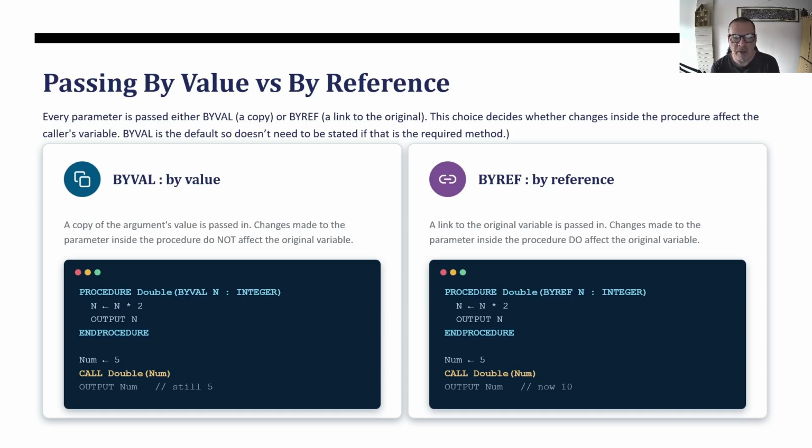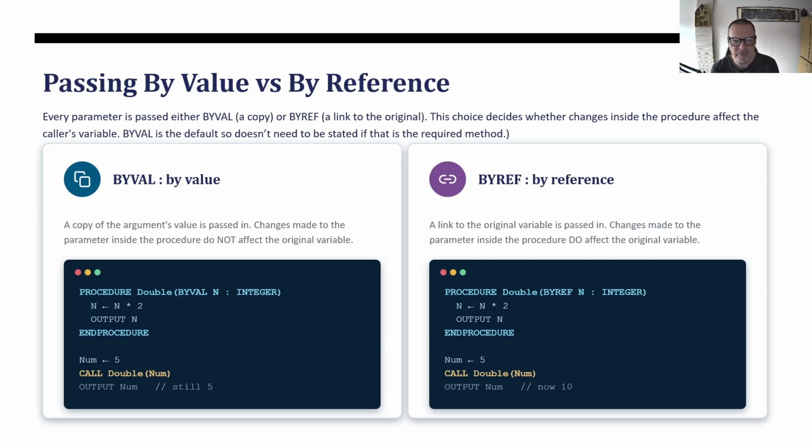Compare that with by ref on the right hand side there. So when we call by ref, and we have to say by ref if we want this method, then it gets a link to the original variable, not a copy. So in effect, there is no such thing as n and num. There is just one thing called num. So n is just like a pseudonym.